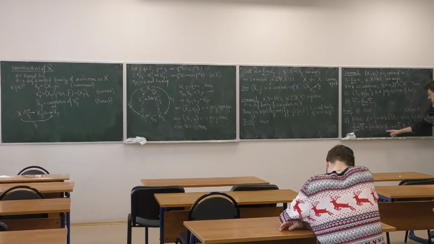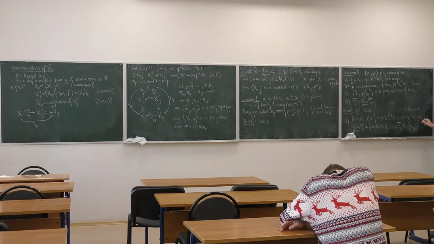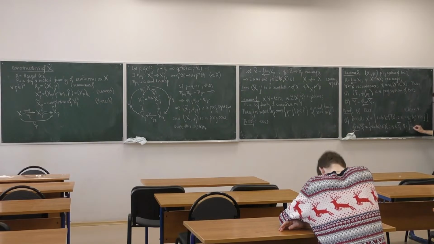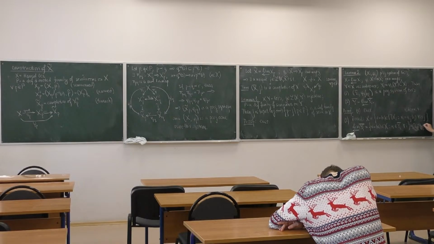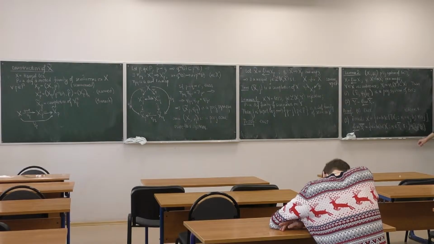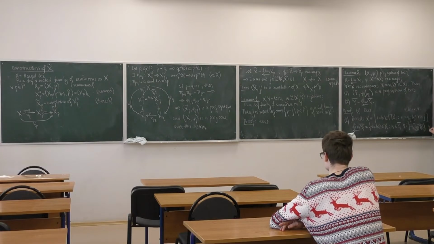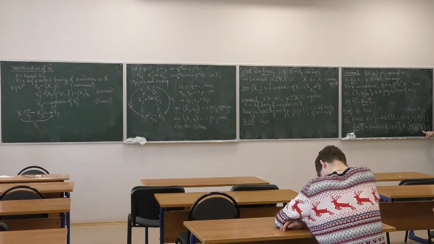So by looking at this equality, we see that this is nothing but the intersection of the preimages of the closures of Y_i. This is just another way of writing the same formula. And clearly this contains Y, just by the definition of Y_i.